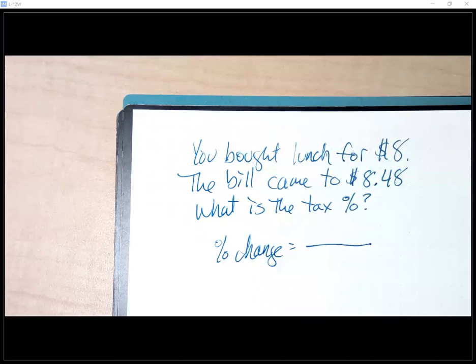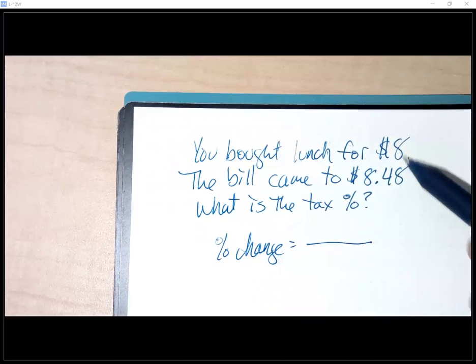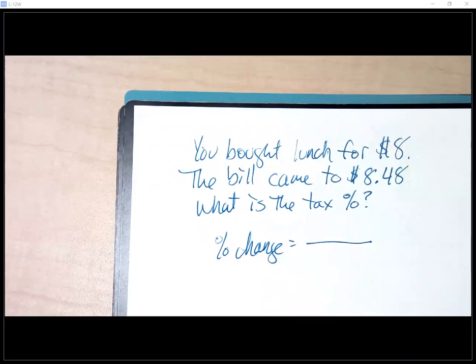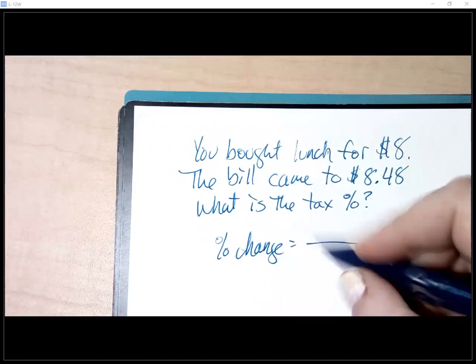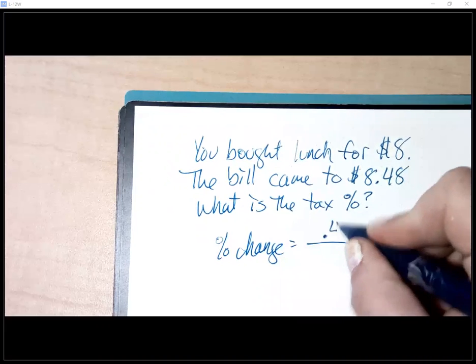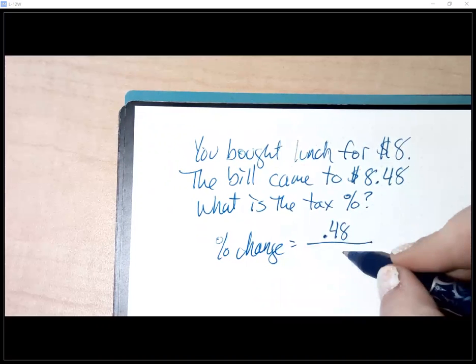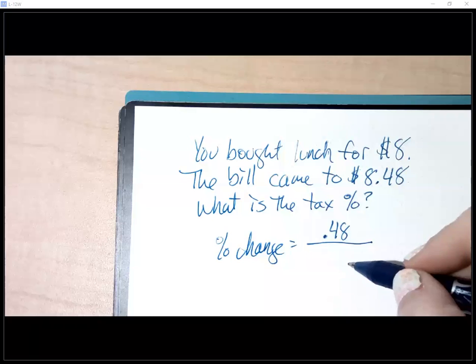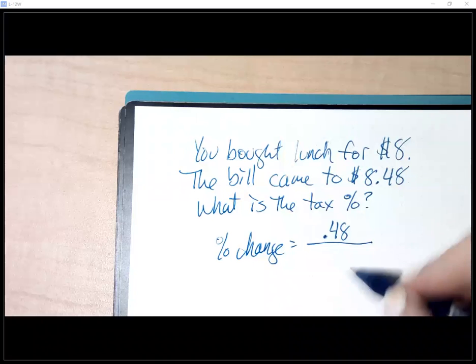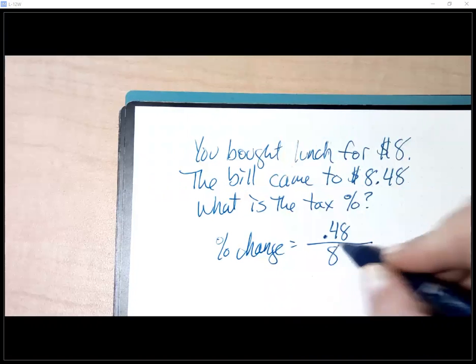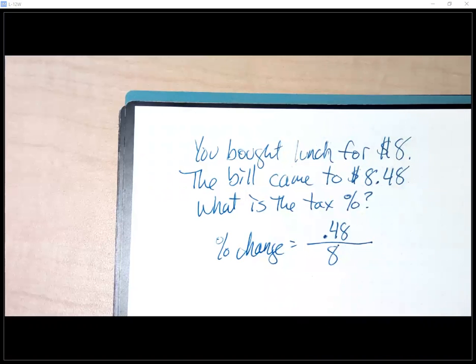So it was $8 and then it became $8.48. 48 cents is my change. Like the difference in the two prices. So 48 cents. And what was my sandwich originally? It was $8. And then I ended up paying $8.48 because of this tax.